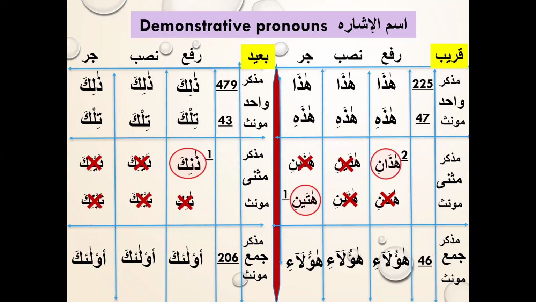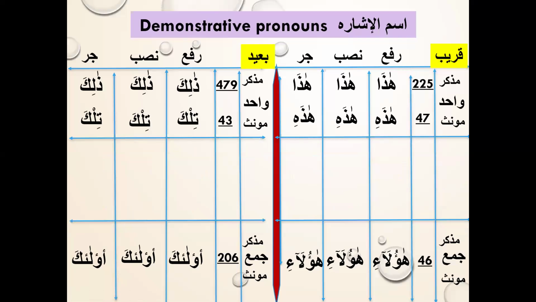So altogether, hadhani two times, hataini one time, and dhanika one time. Altogether, there are four times. Only four times the dual demonstrative pronouns are used in Quran.